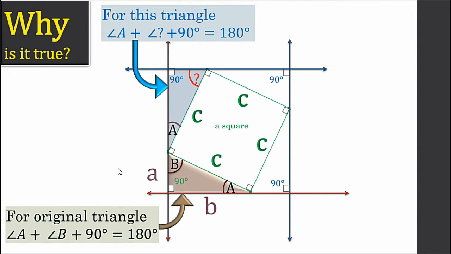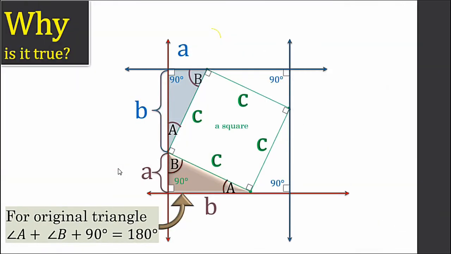By comparing the equation in the green box, angle A plus angle B plus 90 degrees equals 180 degrees, with the equation in the blue box, angle A plus unknown angle plus 90 degrees equals 180 degrees, we can see that the unknown angle must be angle B, because that is the only way they can sum to 180 degrees. Now we can see the light brown triangle and the light blue triangle are exact copies of each other.